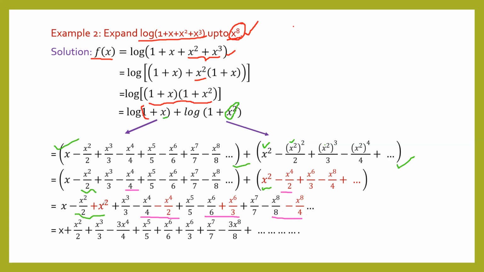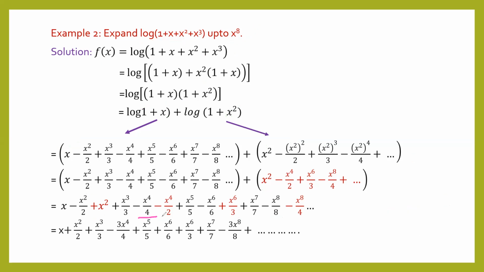Now when you simplify this, you will get the expansion of the required function f of x, log 1 plus x square plus x cube, and its expansion is x plus the addition of these two terms, x square upon 2. What you can do is take x square common. So that will be minus 1 by 2 plus 1, and that is plus half.